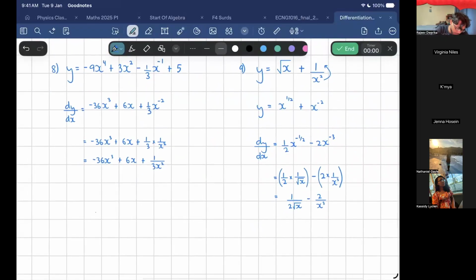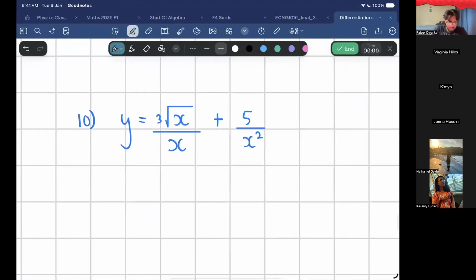Let me give you all a couple more. I would like you all to attempt this one.